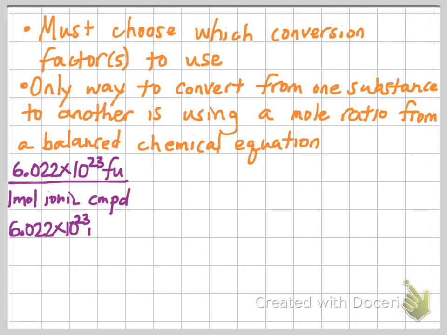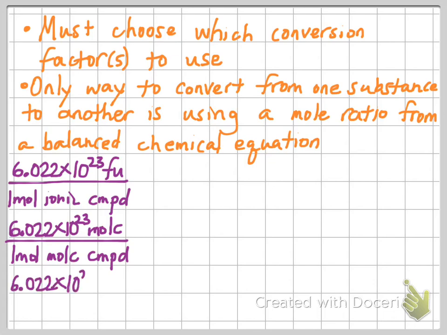So you can have Avogadro's number of molecules to 1 mole of molecular compound. And our last count one is 6.022 times 10 to the 23rd atoms for 1 mole of element.